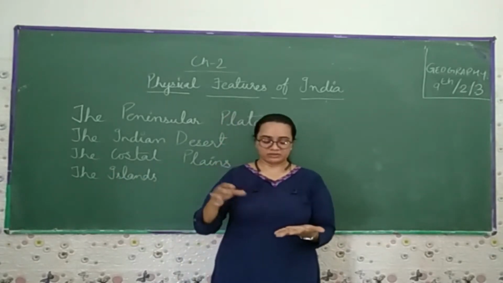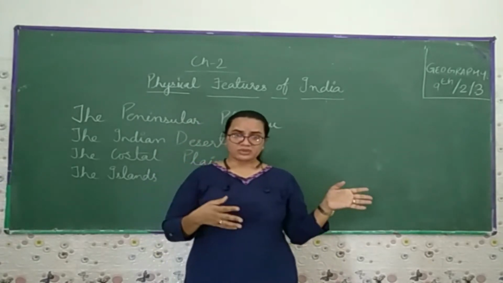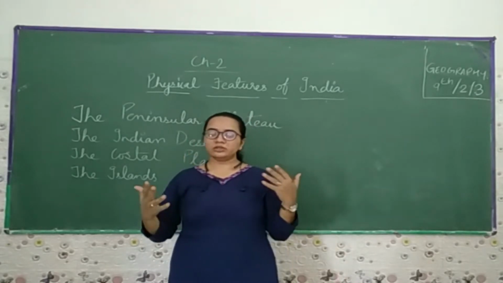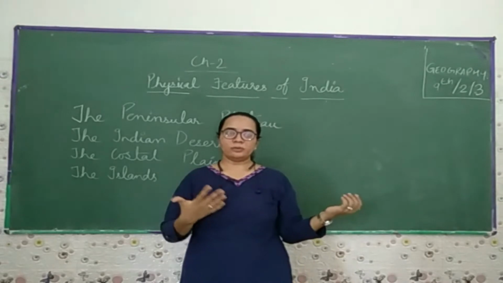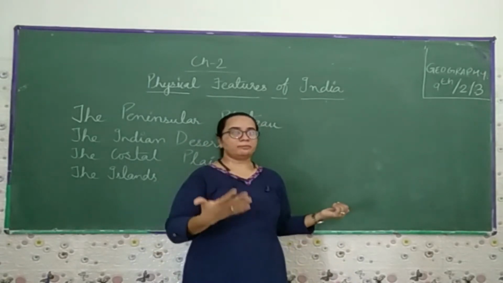They have given different names: Khadar, Bhangar, then Bhavar. On the basis of where the river flows, they gave regional names, like the Himachal Himalayas, the Assam Himalayas, and the Nepal Himalayas.